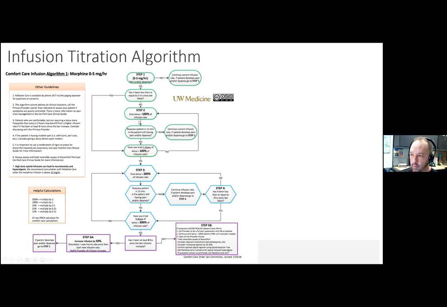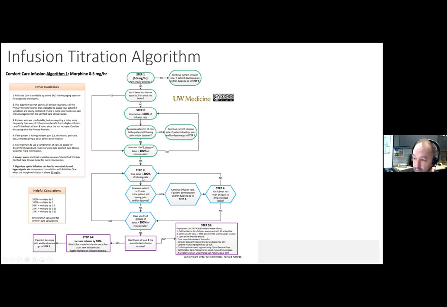So again, once you set the rate, you're relying on boluses. And so your bolus typically to start is going to be the same as your hourly rate, but that can be given every 15 minutes as needed. If you find that you're stacking boluses, so a patient is needing more than 2 boluses in the course of 2 hours, then you can increase the bolus.